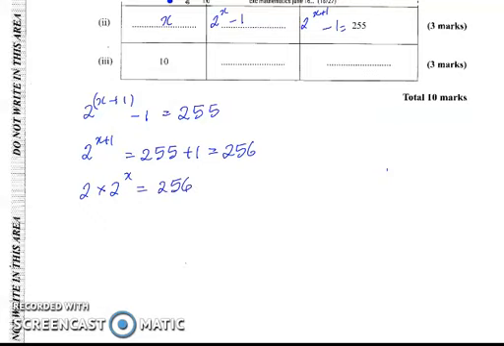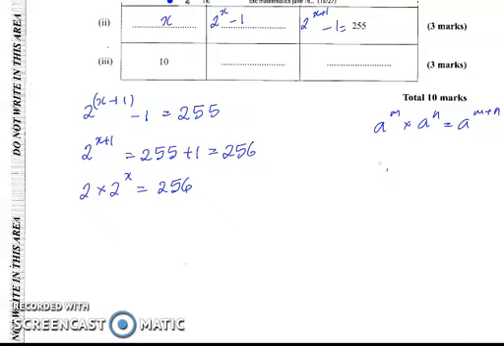Now this is a reverse application of this law of indices, which says that a to the m multiplied by a to the n is equal to a to the m plus n. Or I could say a multiplied by a to the n is equal to a to the n plus 1.